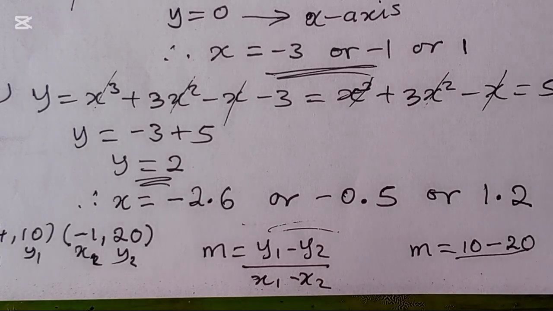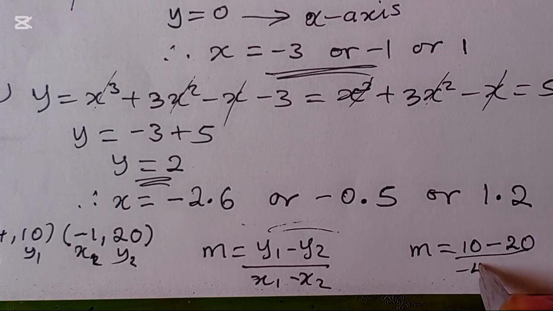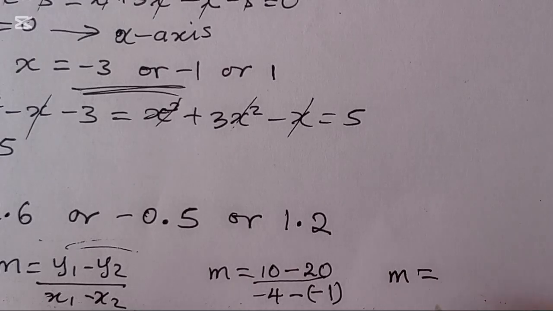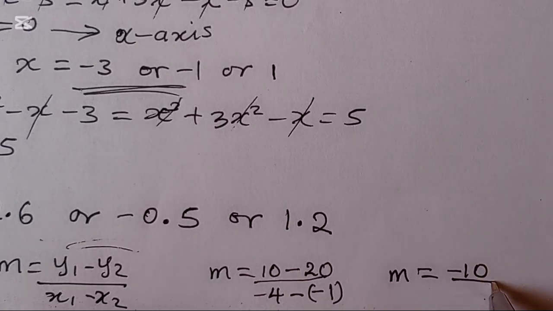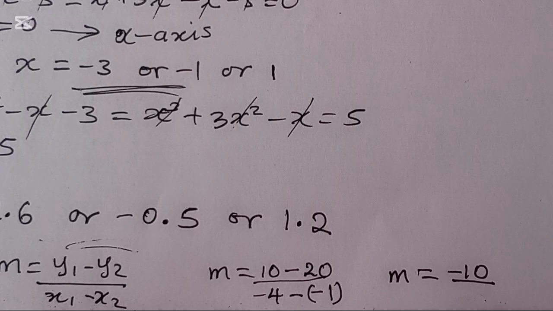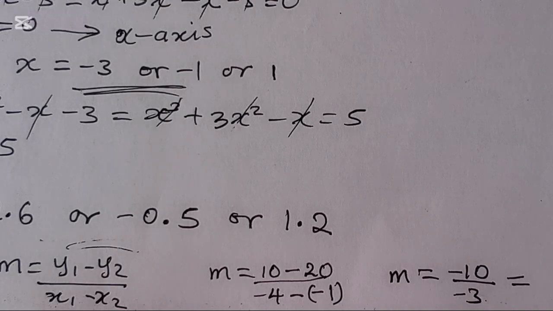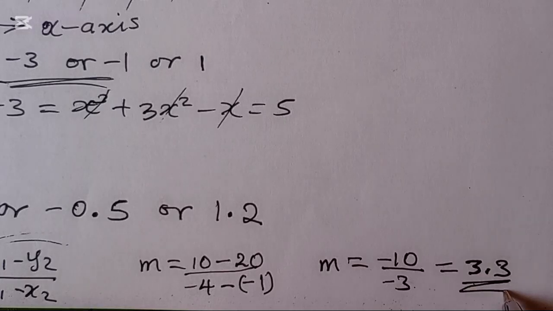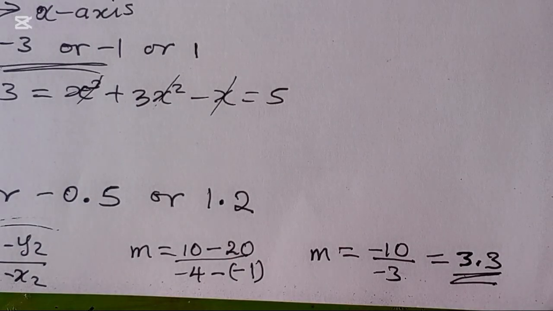Then we have x1, which is negative 4, minus x2, which is negative 1. So gradient is equal to negative 10 over negative 3. So the answer is 3.3. So that is our gradient.